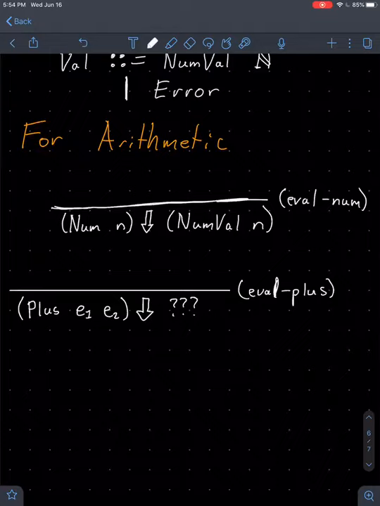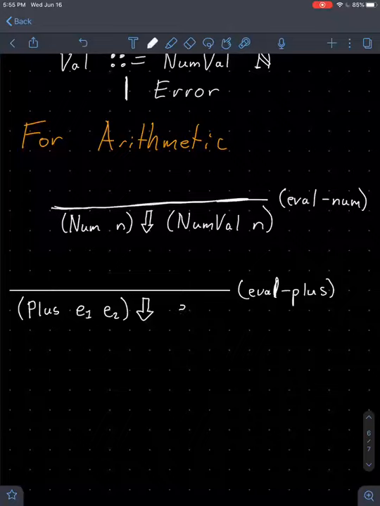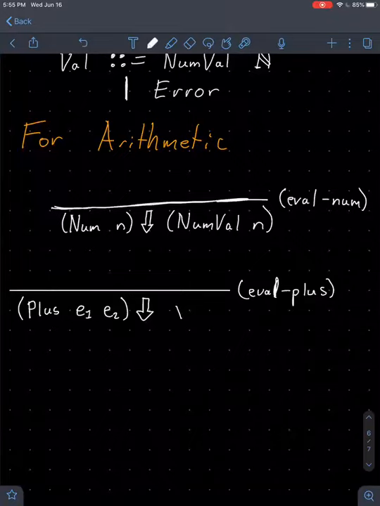What do we think? What were you thinking? Say it. It's like E3. Some E3. That's fine by me. We can write that for now. So some E3, but what is E3? Or actually even better, let's call it V. These are kind of what it evaluates to, but now we need to say what V is, right?